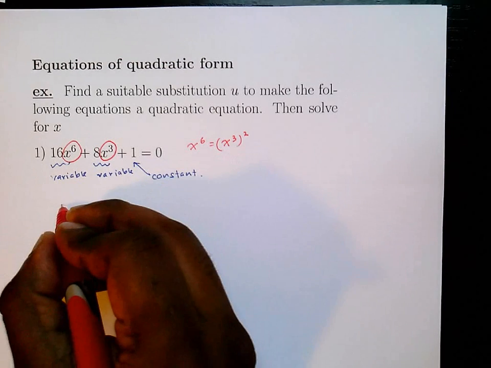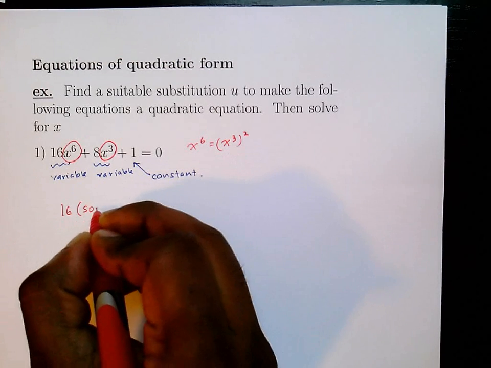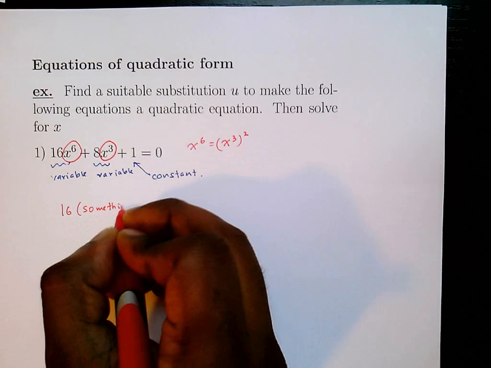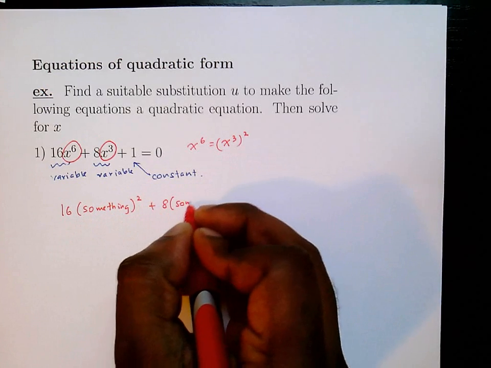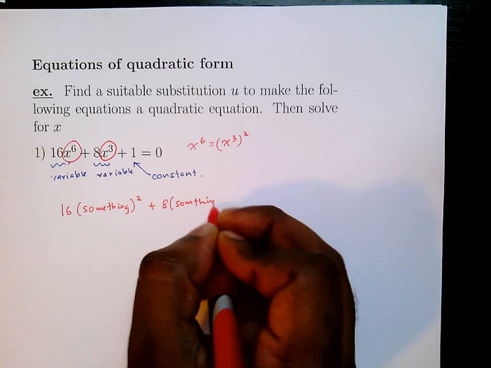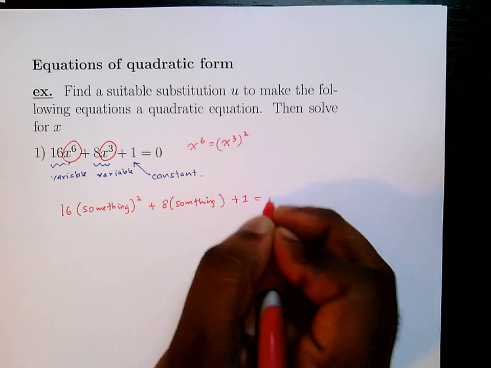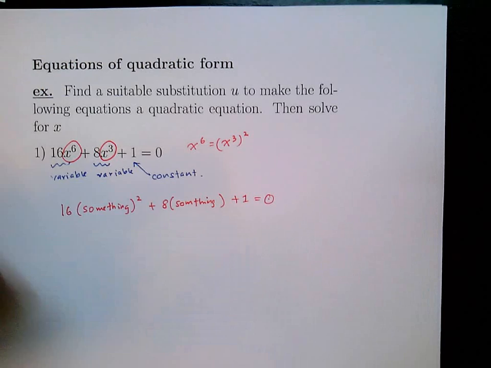So it's like 16 times something squared plus 8 times something plus 1 equals 0. And that is a quadratic equation. So what you need to do is pick your correct substitution and substitute to make it a quadratic equation. That is the idea.